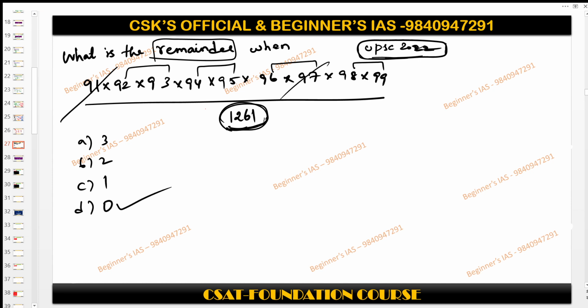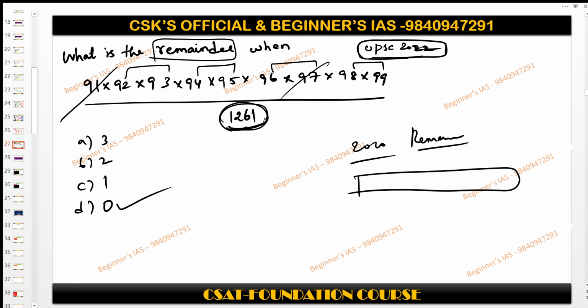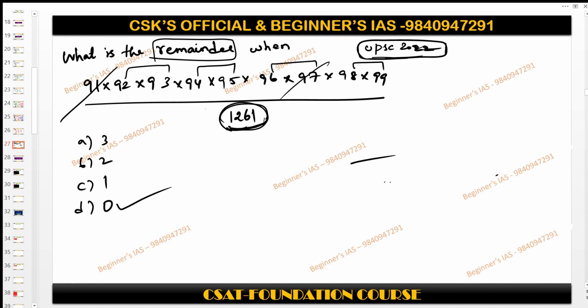If you go through the 2020 question paper, there was a question. You people try that one. The 2020 remainder question: they have provided some expression which when divided by 100, what would be the remainder? You people try.